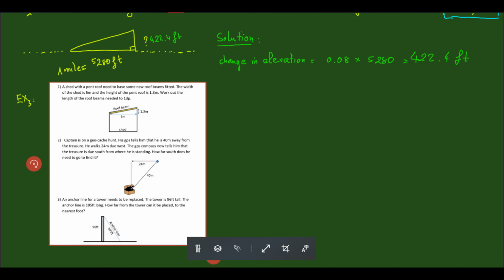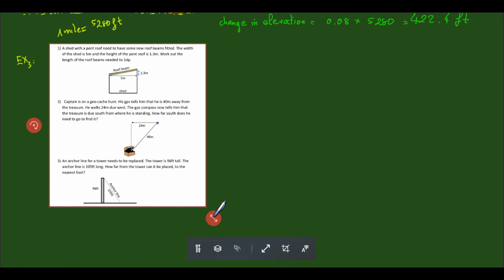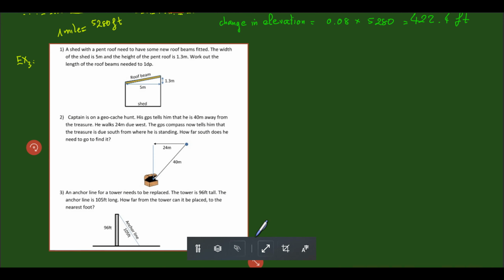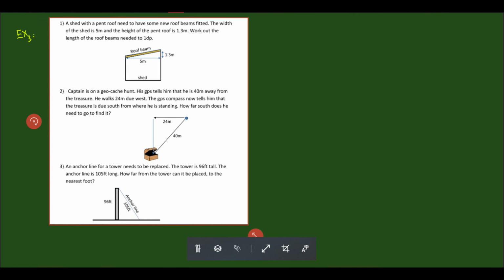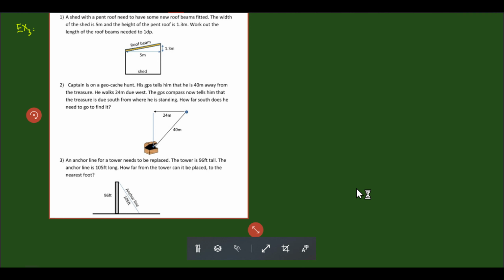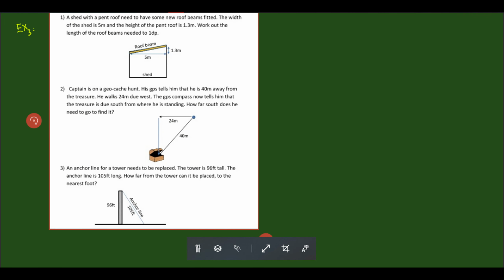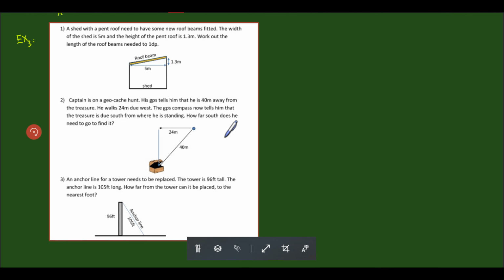The good thing about this is that they give you the pictures, which is easier for you to visualize. But you have to be careful, because on the test I probably cannot give you the picture, because in the math equation editor I cannot draw a picture. It means I'm just going to give you the word problem. You have to draw the picture by yourself.